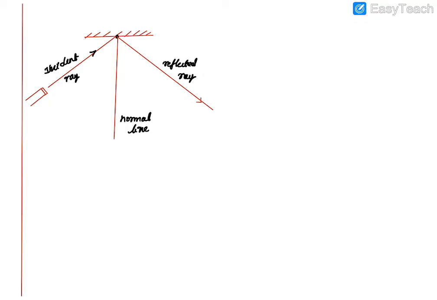So when you are passing this incident ray, this is the source of light and this is called the incident ray. This is the normal line.